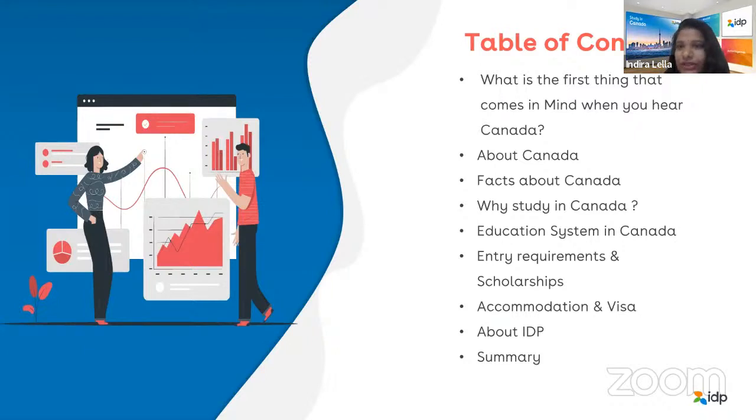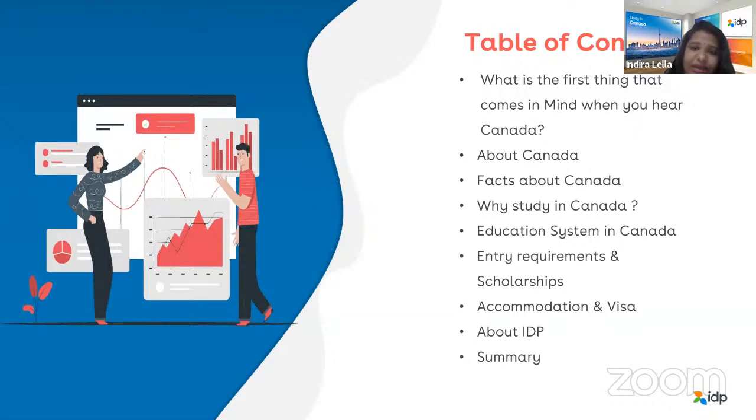So here we go with Canada's information. We are going to talk about the complete ins and outs of Canada. What is Canada? Why should a student go to Canada? If you're going to Canada, is the education system the same as that of India, or is there any difference? What are my eligibility criteria?